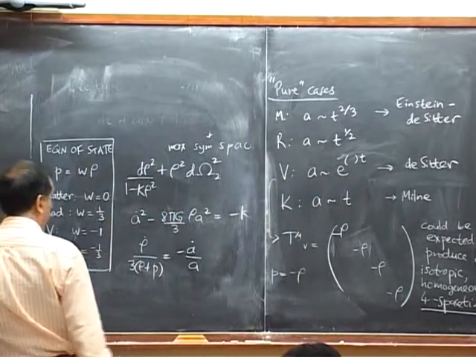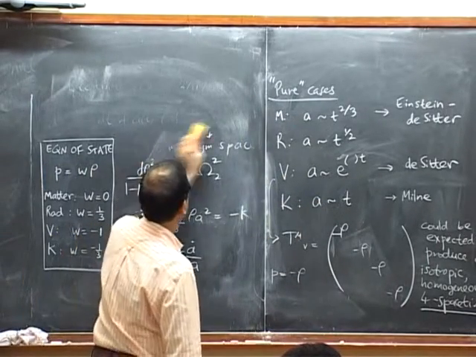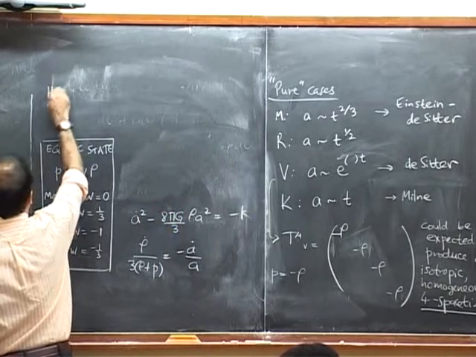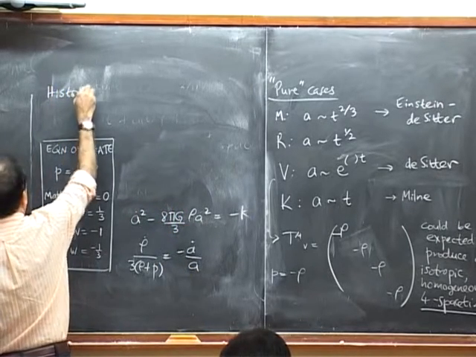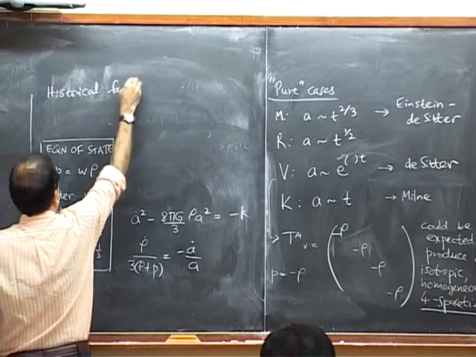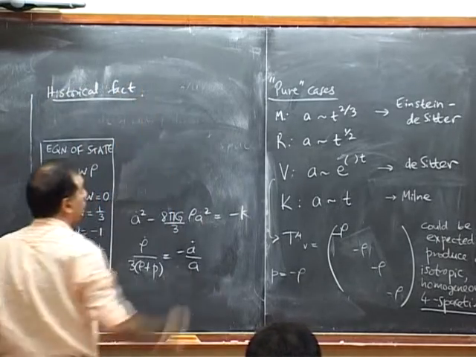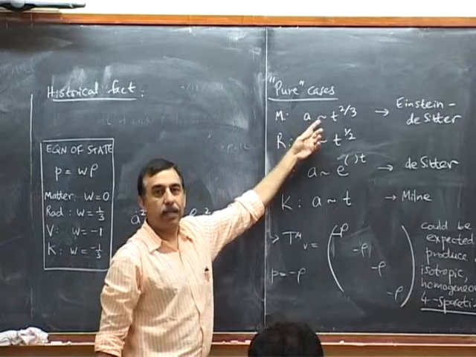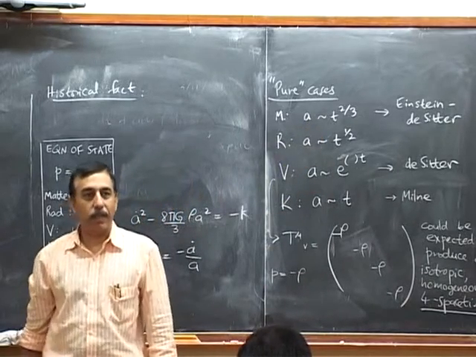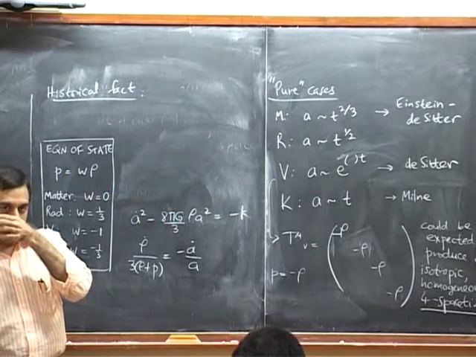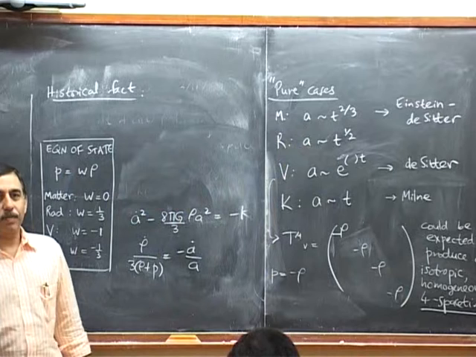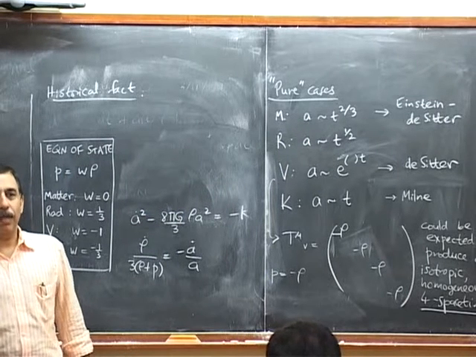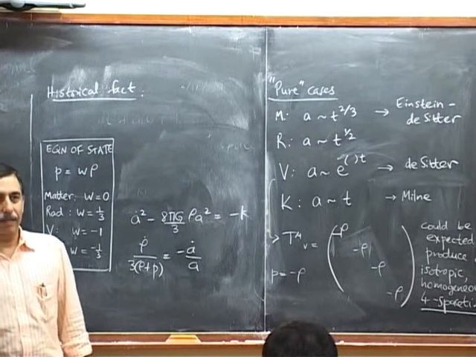Okay, now let's look at one non-pure case for an interesting historical interlude. So historical fact. Now, one thing is that the first case, the matter-dominated case, is the most natural for people to have considered since they ever learned to solve Einstein equations, because there is matter in the universe, okay, and there is radiation too, but you could hope that the radiation doesn't matter much.